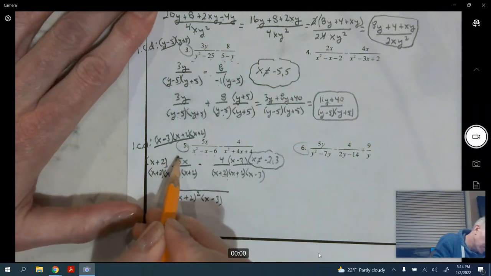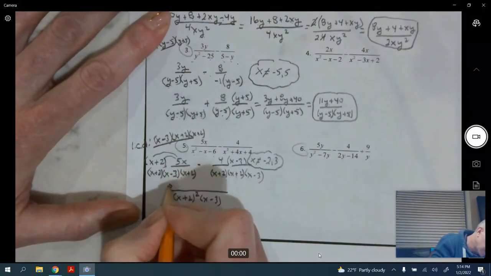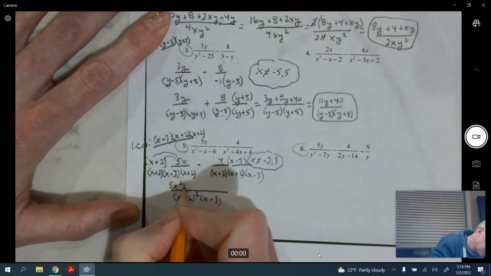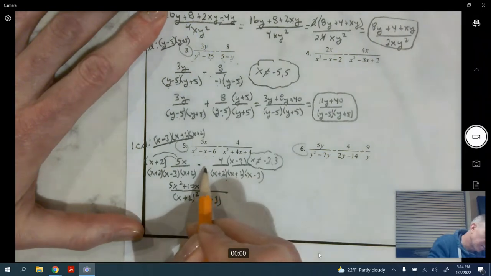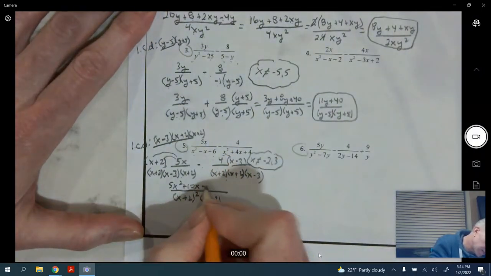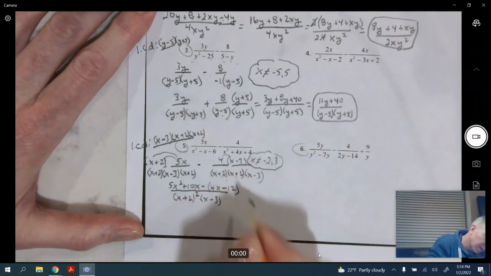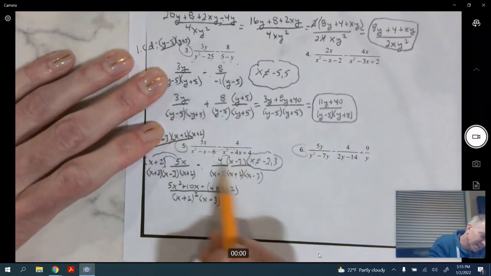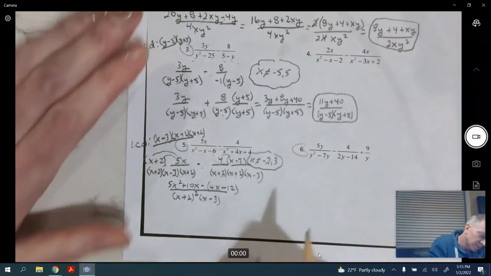Now, when we distribute this, that's going to be 5x squared plus 10x. And then this is going to be minus 4x, so minus the quantity 4x minus 12. Be careful with that because we're subtracting this entire thing, 4x minus 12, so that has to distribute.